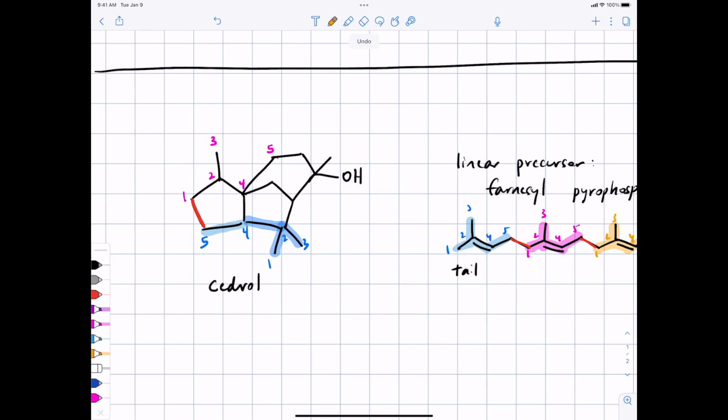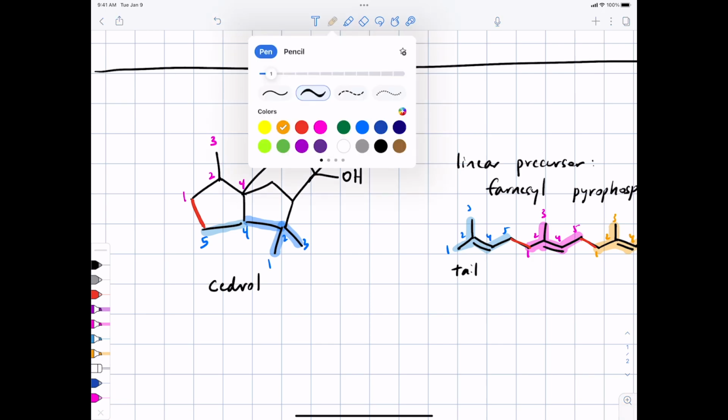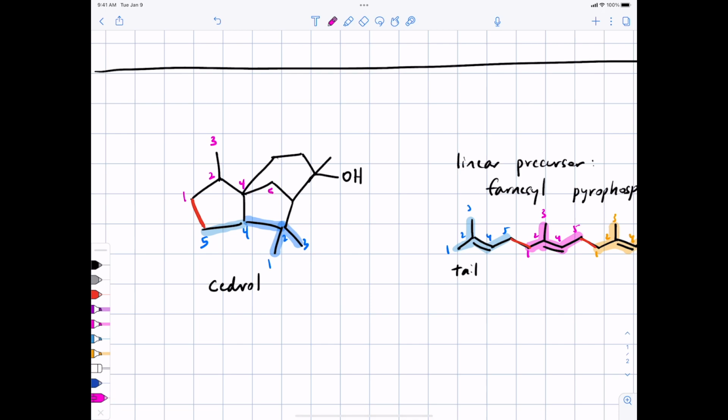Alternatively, I could call this one 5. That would make this the bond between two isoprene units. And this would be 1, 2, 3, 4, and 5. And I don't really have a great solution for you in terms of which is better.